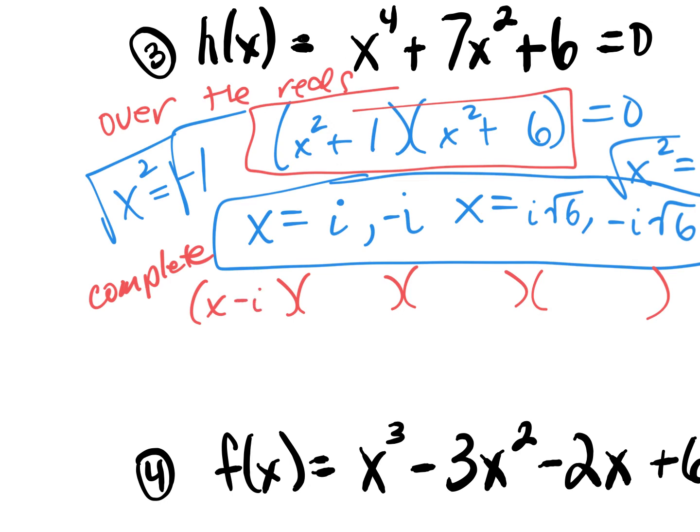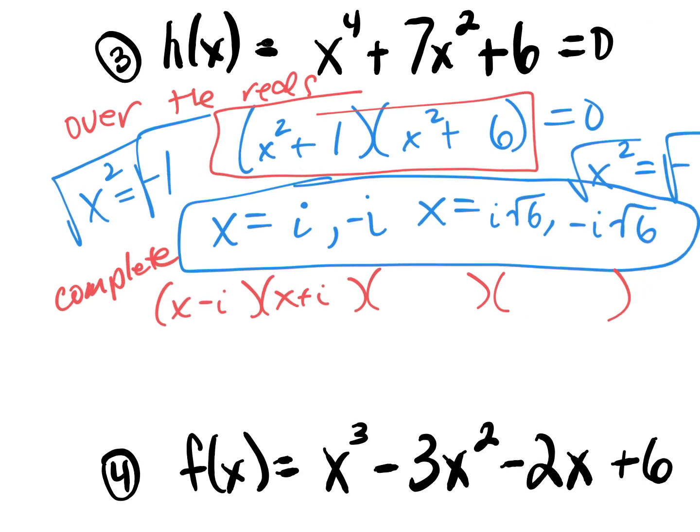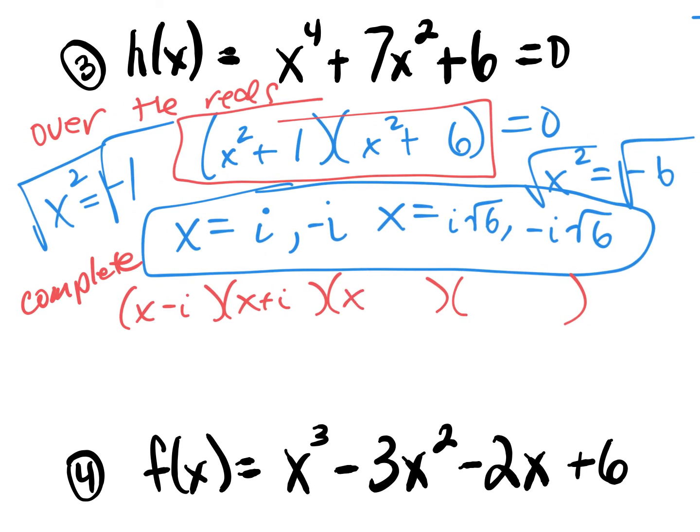What does x equals negative i look like the step before it? x plus i, good. What does x equals i root 6 look like the step before it? x minus i root 6. And then what does x equals negative i root 6 look like the step before it? x plus i root 6.